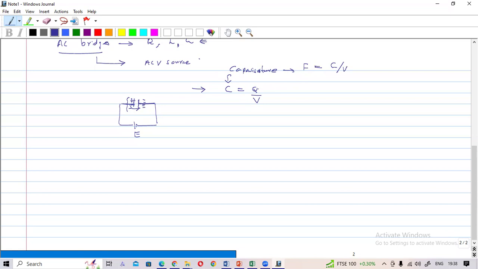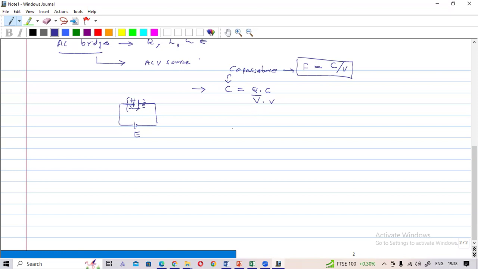The charge is measured in coulombs, voltage is measured in volts. So farad can be defined as coulomb divided by voltage. You already know this. And also we know that Q is the total charge of this capacitor.